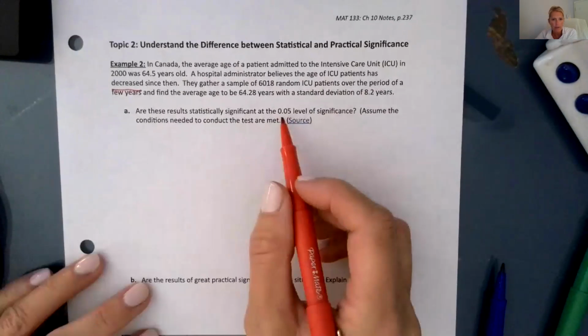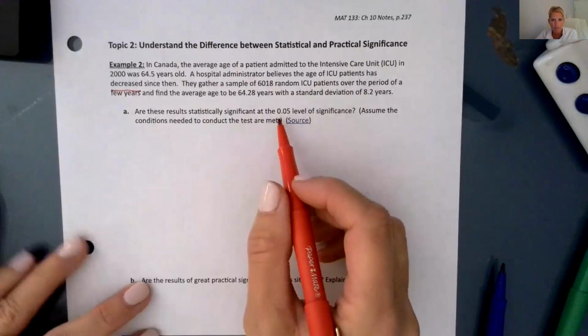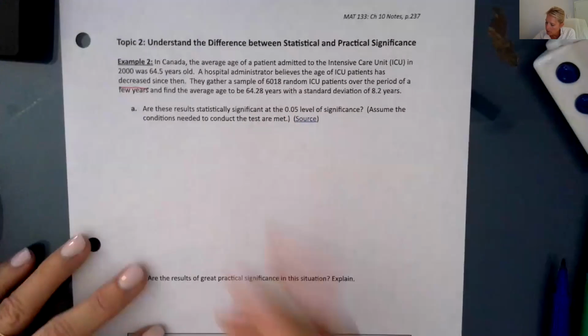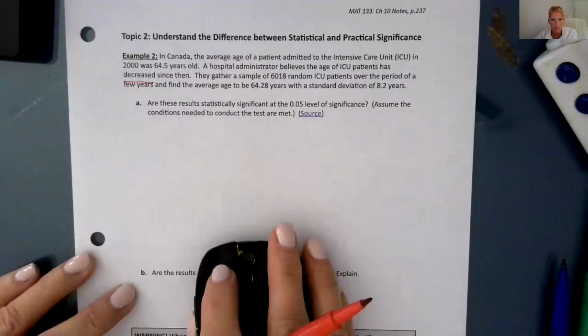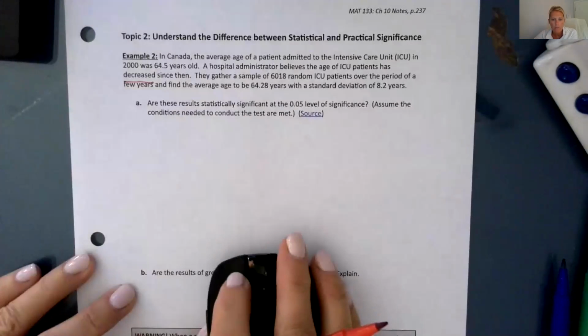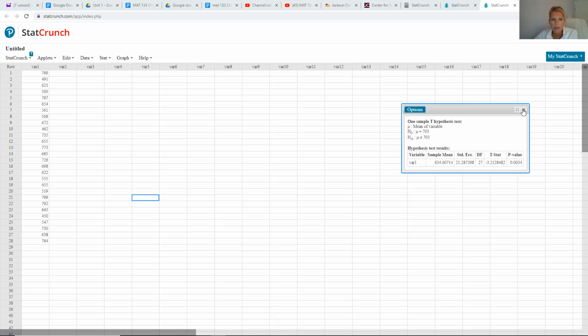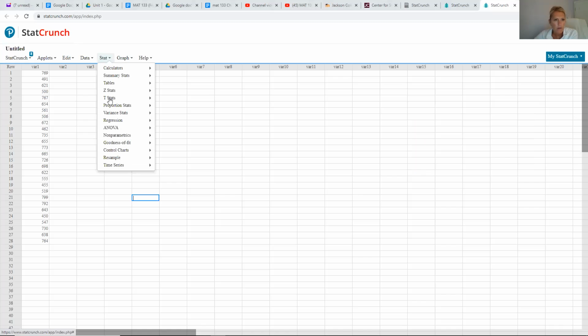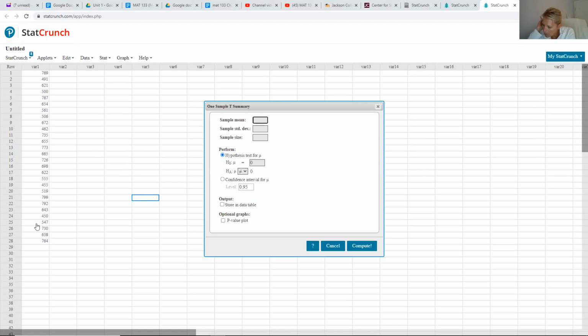Are they significant? Well, let's just see. We're going to put this into StatCrunch. Let's go to Stat, t-test, one sample, but this time we have summary data. The sample mean was 64.28, and their sample standard deviation was 8.2. The sample size was 6,018.